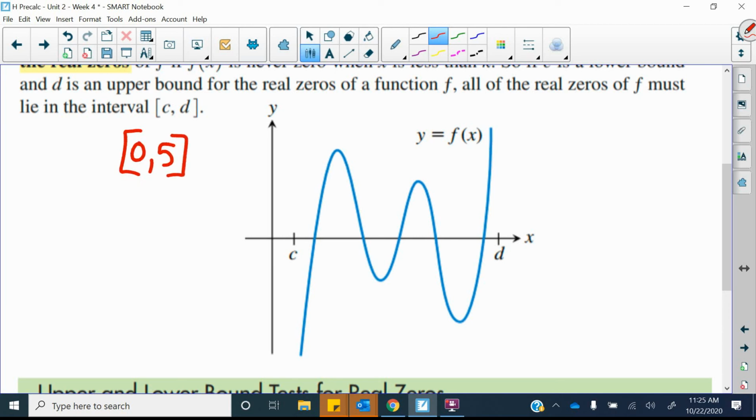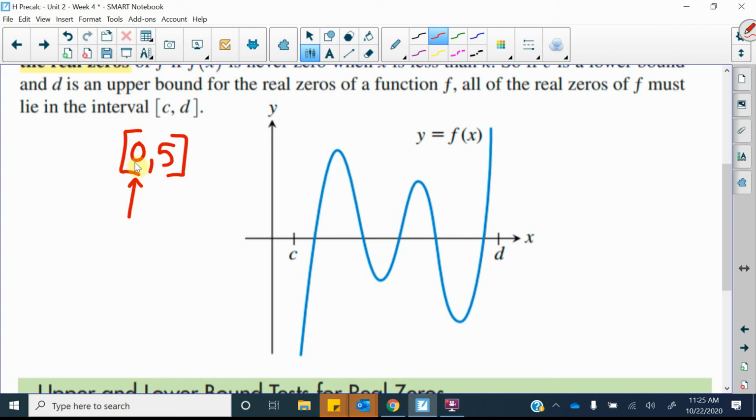If we're looking at the 0 value first, and 0 is the lowest possible bound for all the zeros in this polynomial, that means there are absolutely no negative zeros.